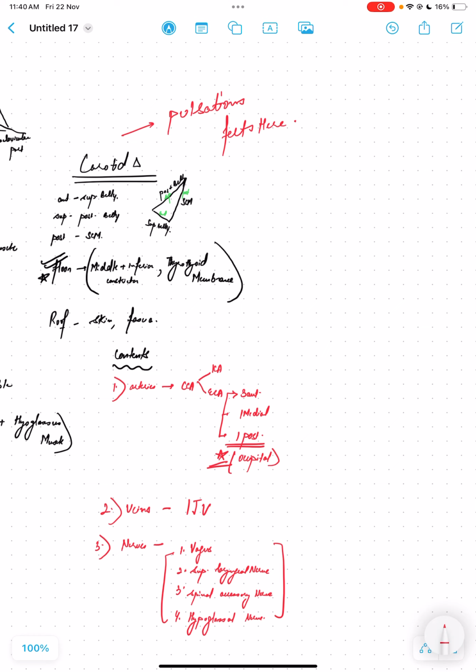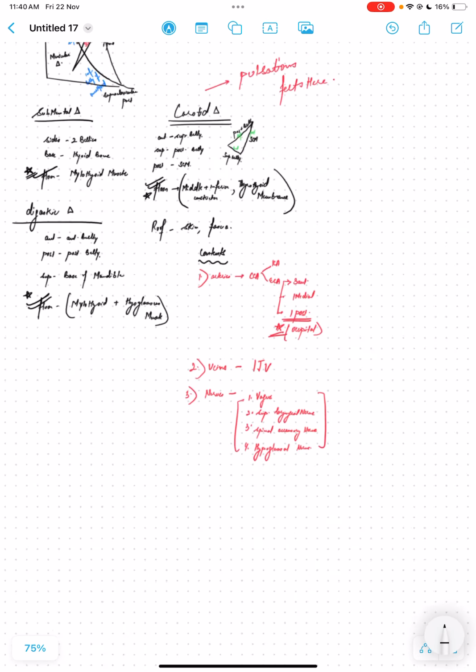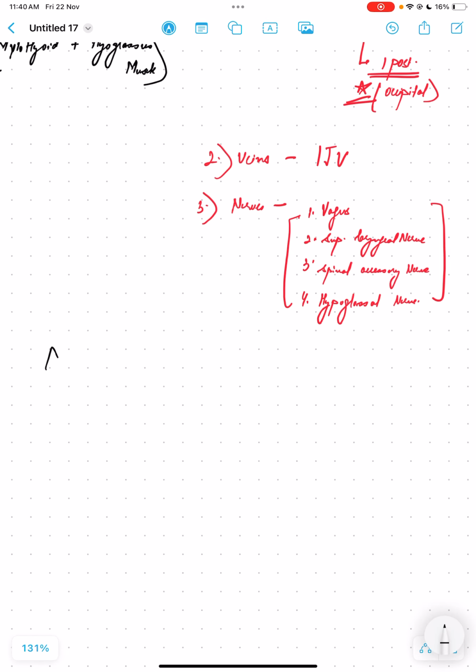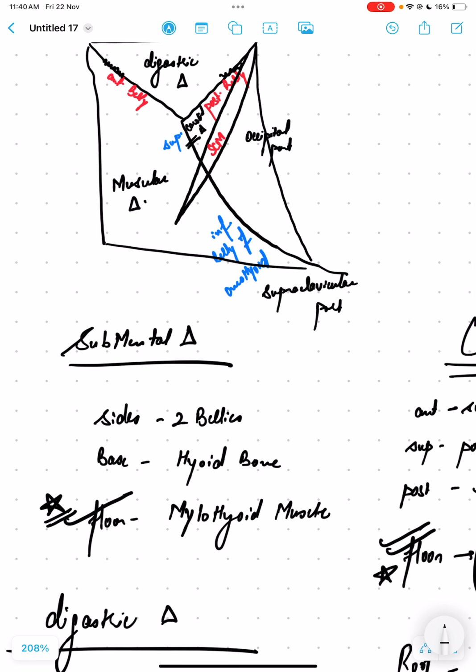Next we are going to study our muscular triangle. As in the diagram, you have all seen what the muscular triangle is.